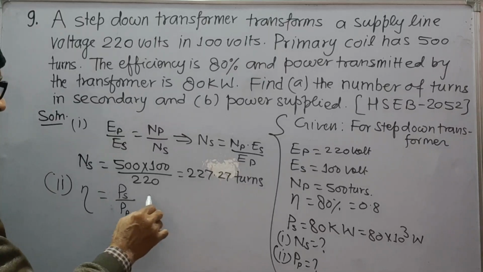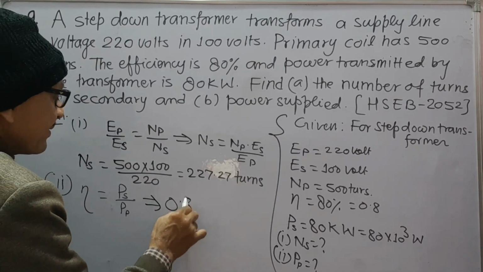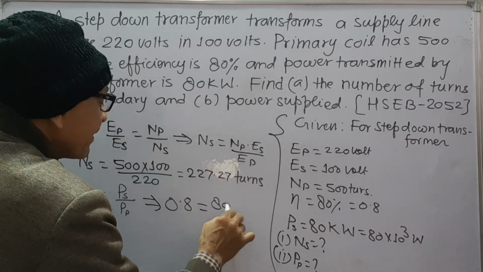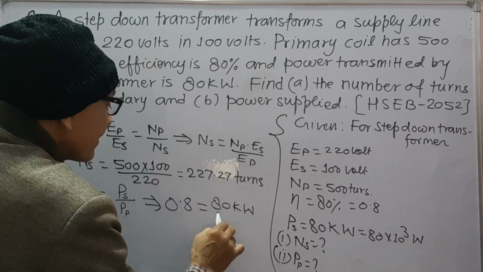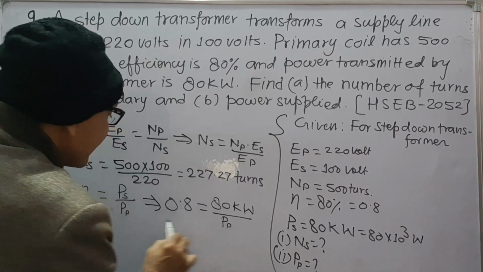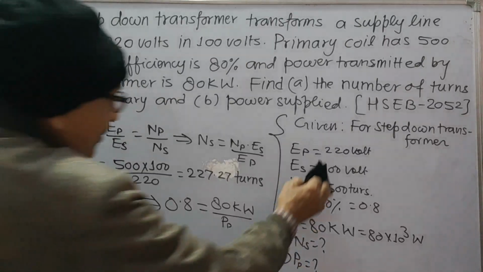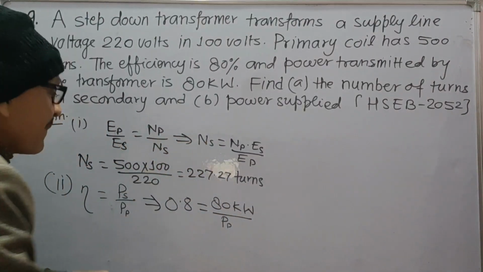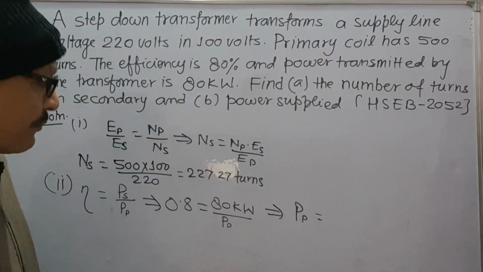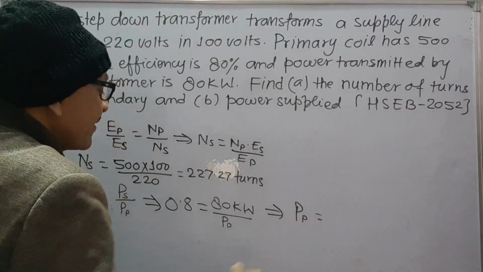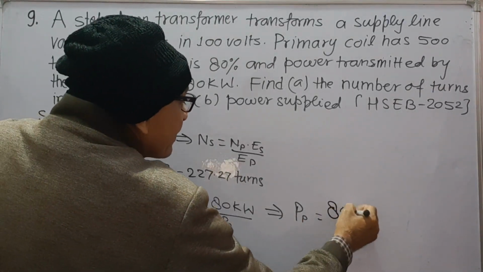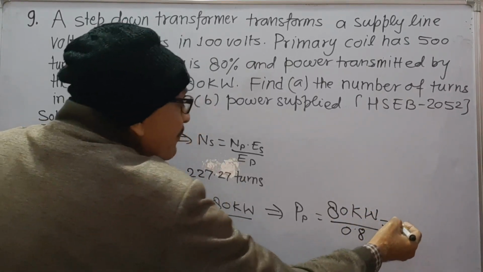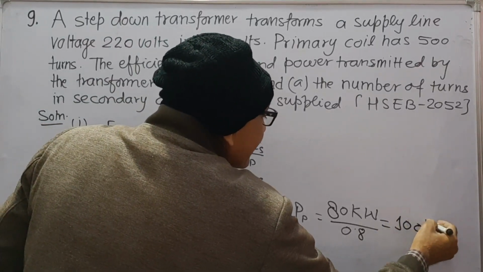Therefore, 0.8 is equal to 80 kilowatt upon P primary, which gives, therefore, P primary will be equal to 80 kilowatt divided by 0.8, which will be 100 kilowatt.